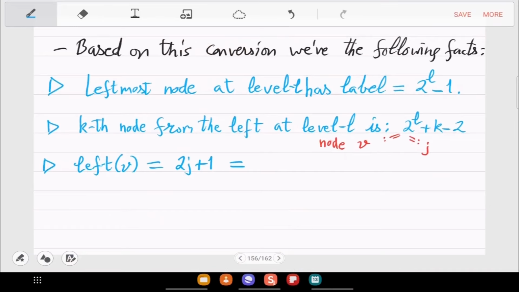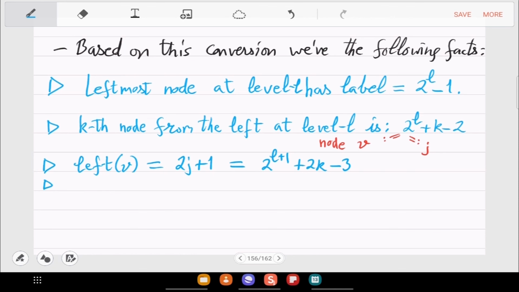So 2J plus 1, then you can expand it to a more complicated one, which is 2 raised to L plus 1 plus 2K minus 3. So that is the left child of the kth node from the left at level L. That's the expression. So in the array, again you can move to the left child by jumping from J to this place, 2J plus 1.